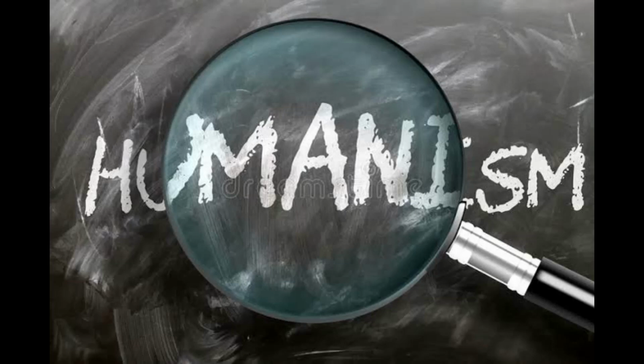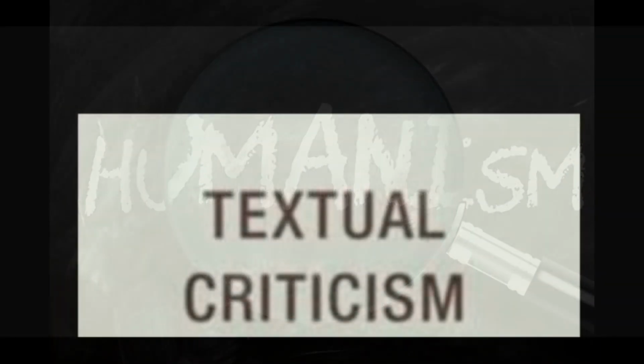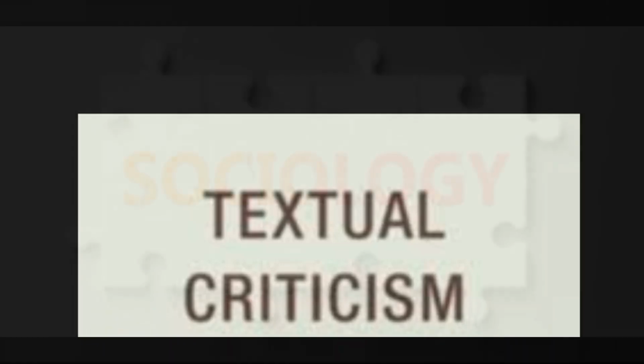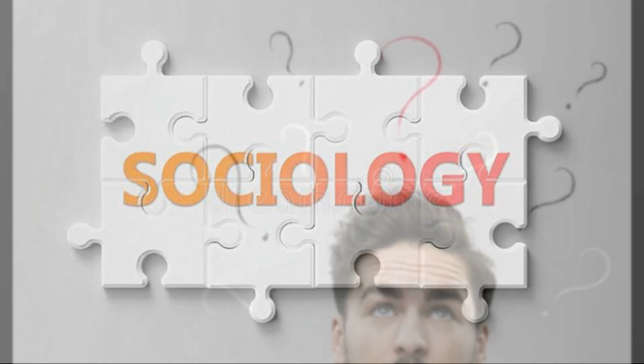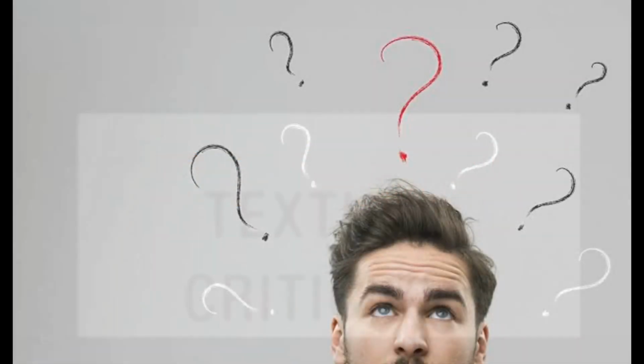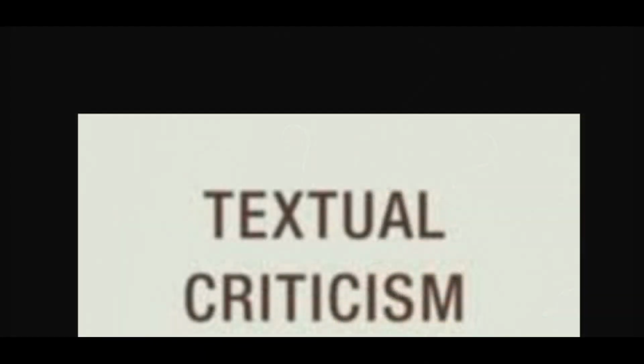The moral aspects of literature were analyzed. Slowly, different kinds of approaches came into the analysis of literature, such as textual approaches. Then you have the sociological approaches, and then psychological approaches. So I would be focusing here mainly on the textual approach.